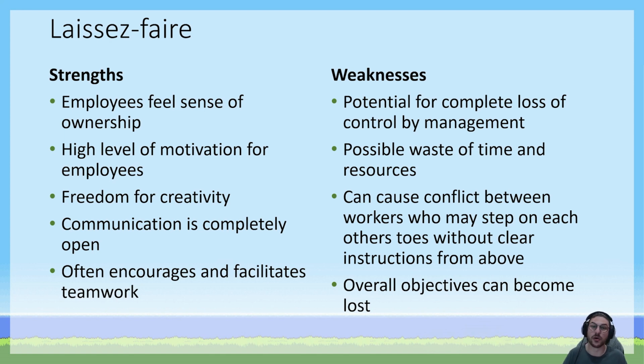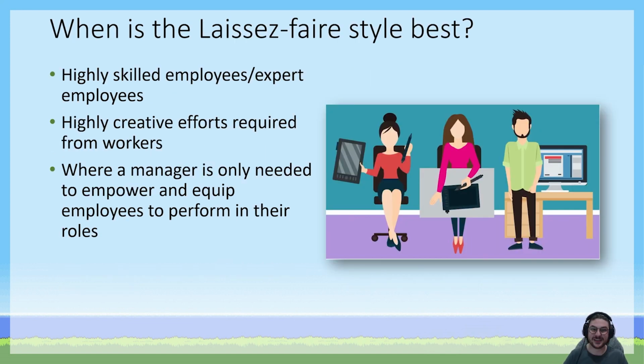And certainly overall objectives can be lost. If a manager is not there making sure that the processes being followed are driving this team towards the achievement of business objectives, that might be the first thing to go out the window, as employees might be inclined to pursue their personal goals instead. So when is a laissez-faire management style best?